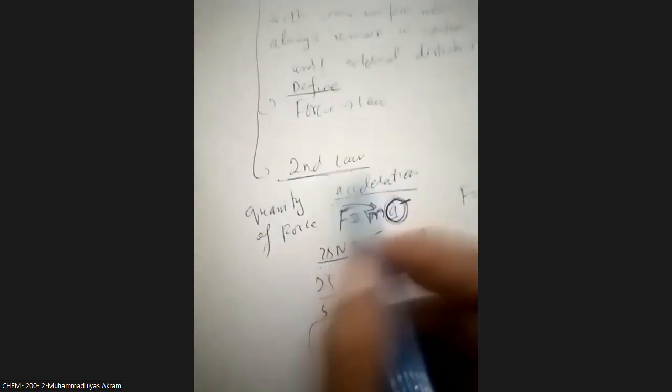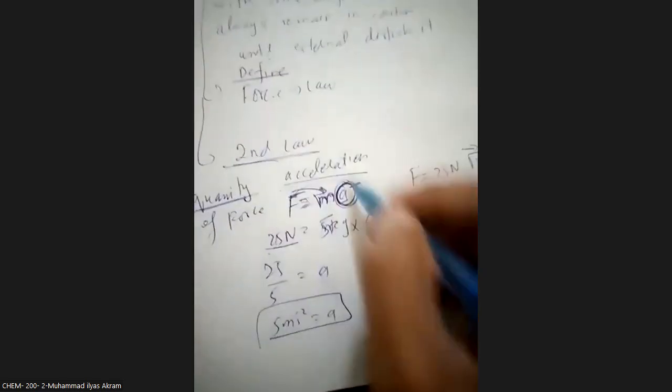So the second law of Newton tells us about the quantity of force. The first law defines force, while the second law tells us about the quantity of force that can be applied on the body, or it may tell us about the acceleration.